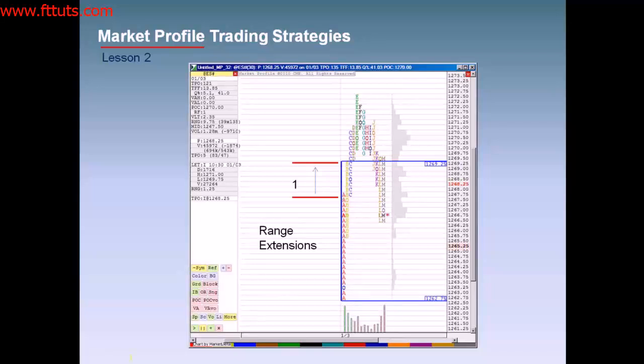All right, and next range extension is the C period, and notice how it takes me even above the initial balance. So this is definitely a bullish day. Now, my third extension doesn't happen in the D period, in the fourth period.